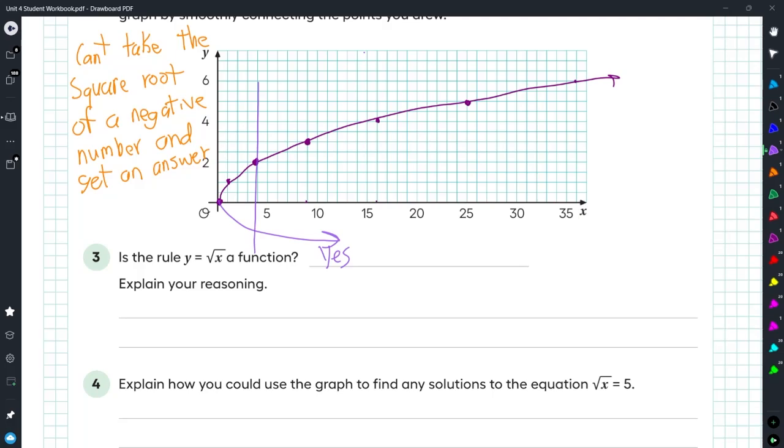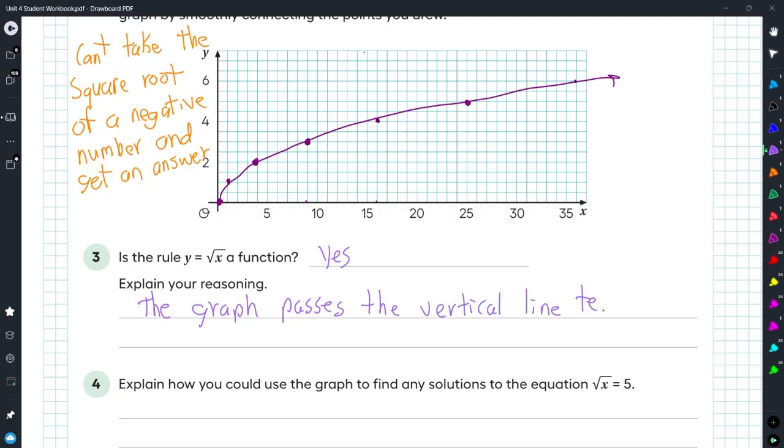So then that wouldn't be a function. But because this passes the vertical line test, this is a function. So the graph passes the vertical line test.